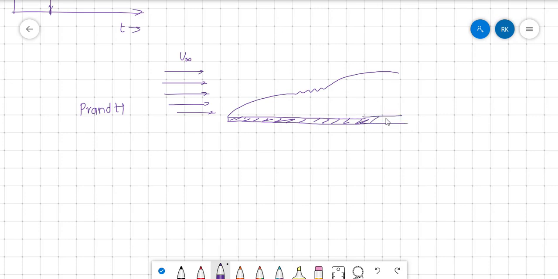That means the shear forces are dominant here. This is the laminar region. There is smooth flow here, and this is the turbulent region, and this is the transition.